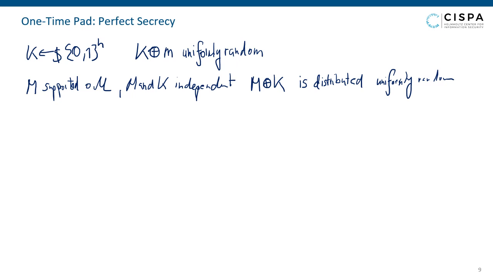So, what do we have to do to show that a cipher is perfectly secret?